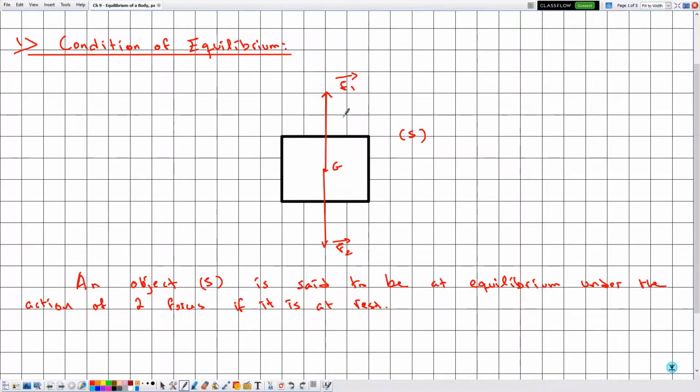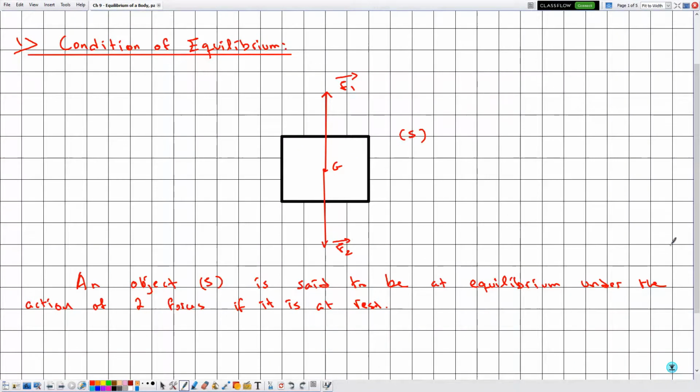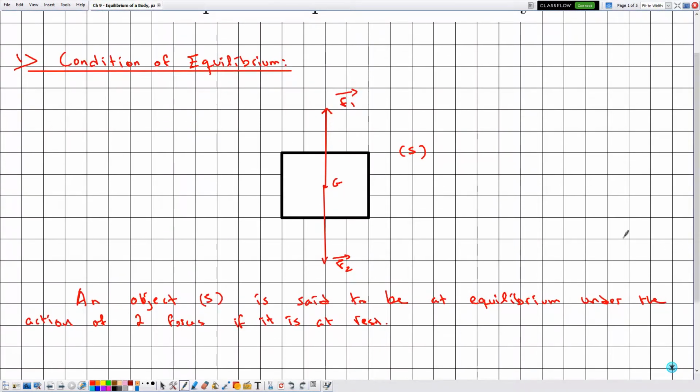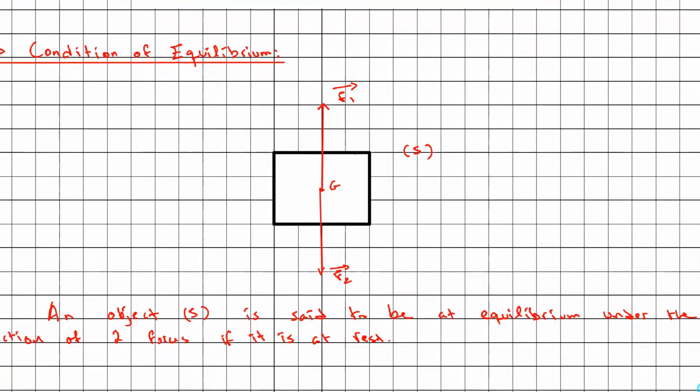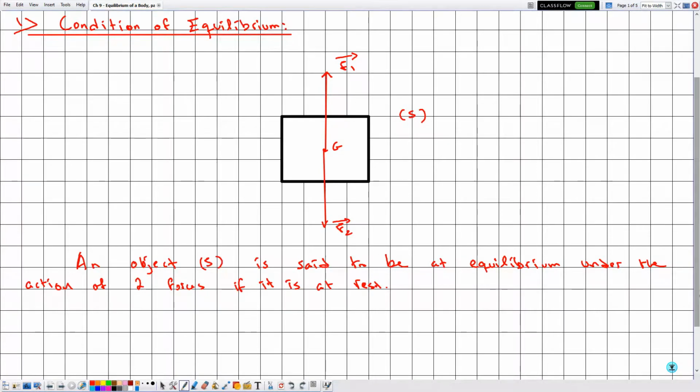And here it's not important whether both forces are applied at the same point. The point of application is not necessarily common for both forces, but we will not enter into discussion regarding the point of application. We are only concerned about the line of action, the direction, and the magnitude.